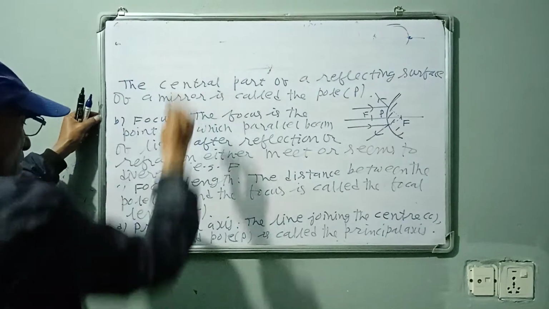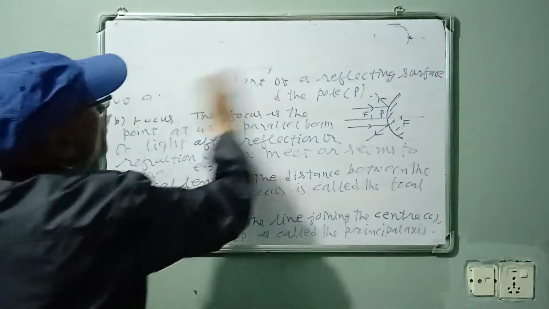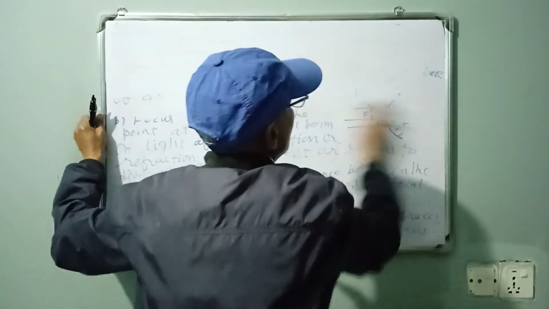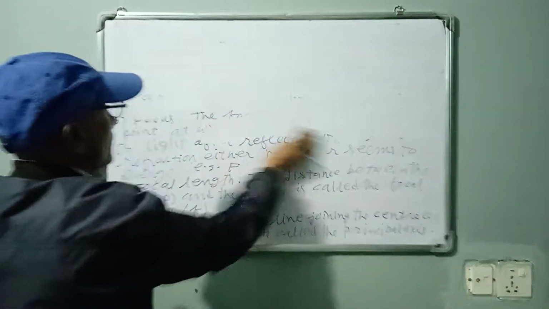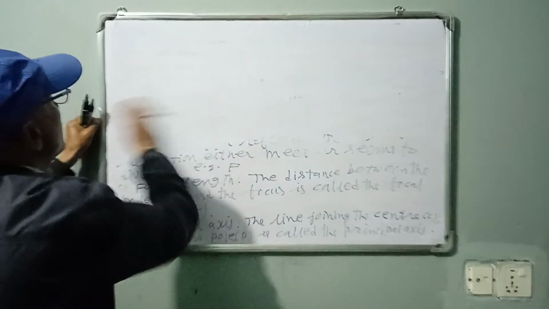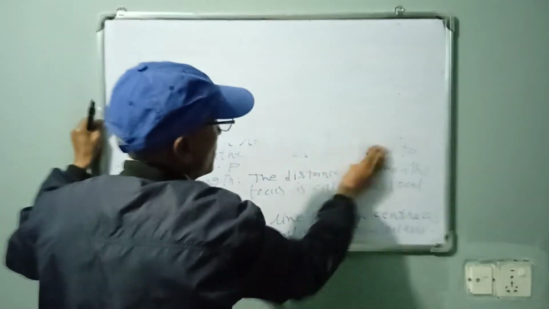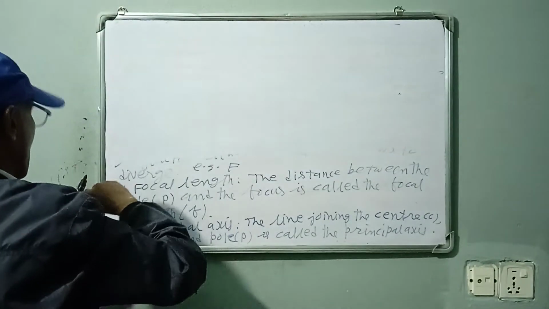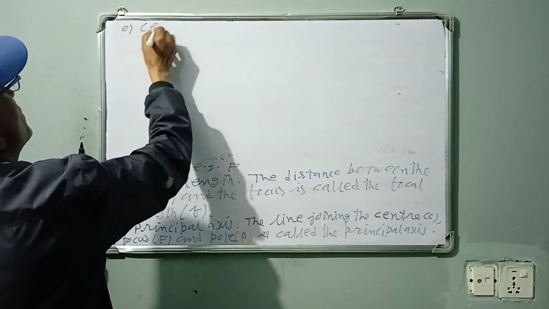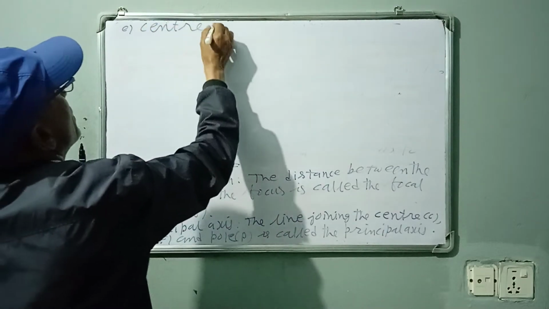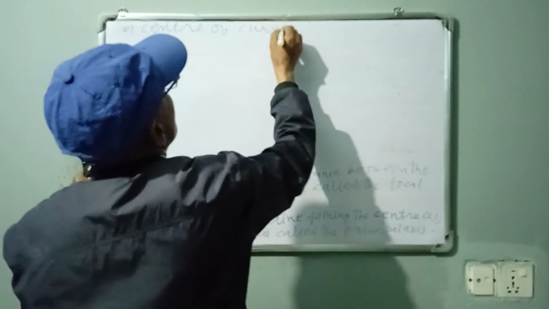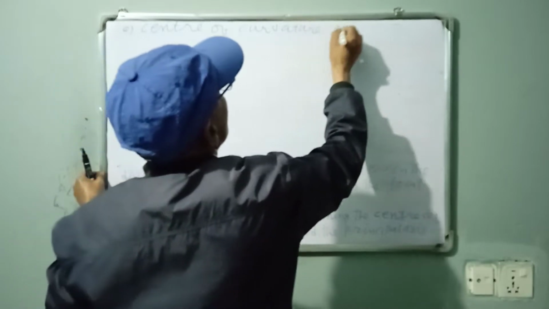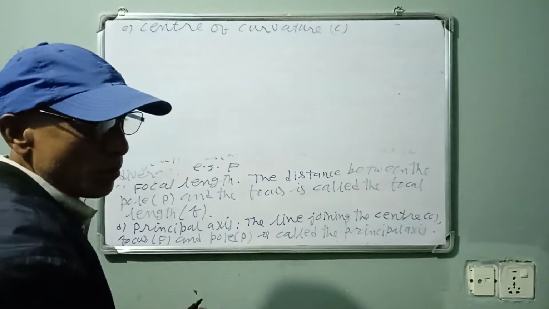Number D, principal axis. Number E, center of curvature C. What is the center of curvature?